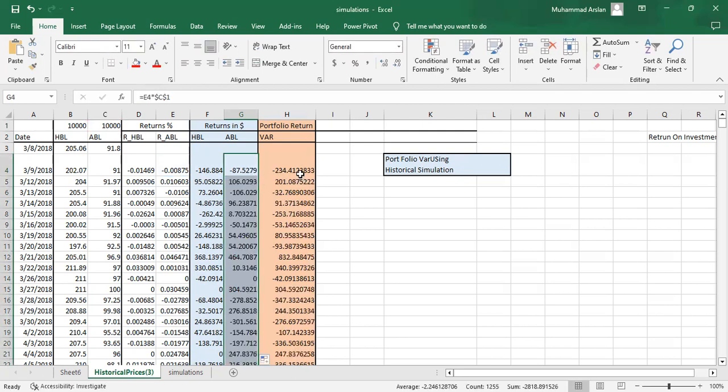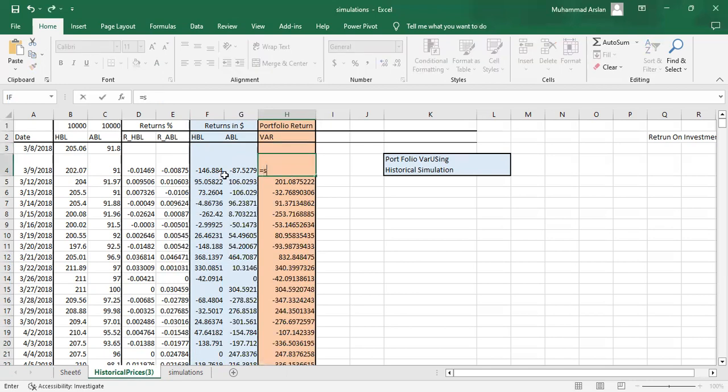Okay, for the portfolio return, we study the portfolio. A portfolio is the combination of two or more securities. So let's assume we have a total portfolio of 20,000, like 10,000 in HBL and 10,000 in Allied Bank. So our total portfolio is 20,000. So how to combine the returns? Simply, we will sum up these two returns in rupee terms.